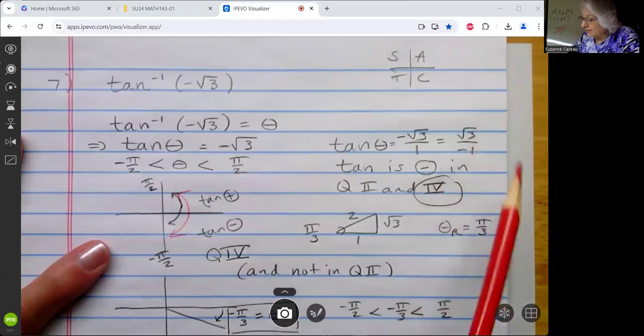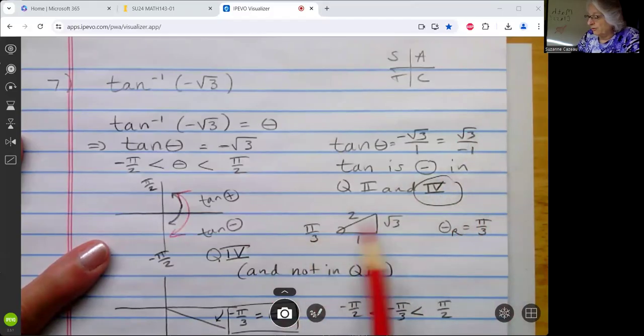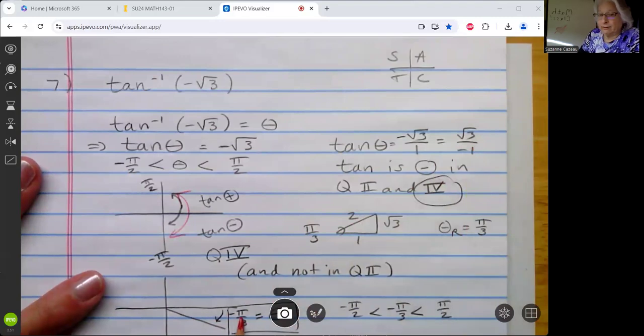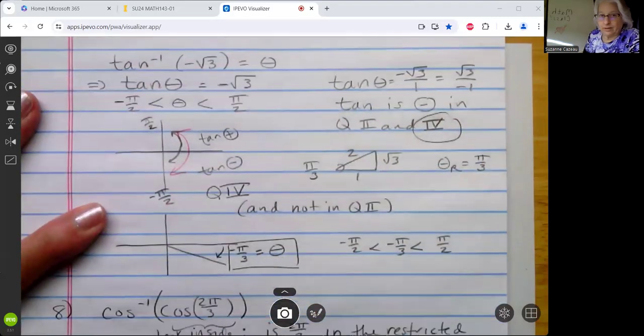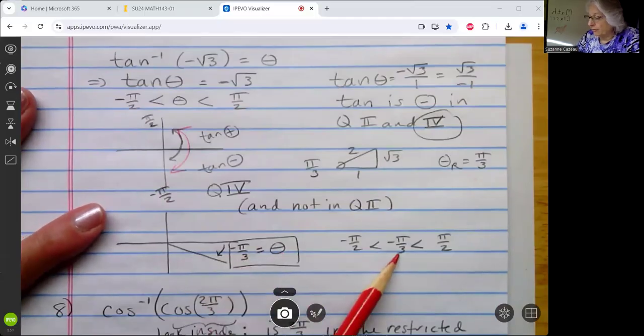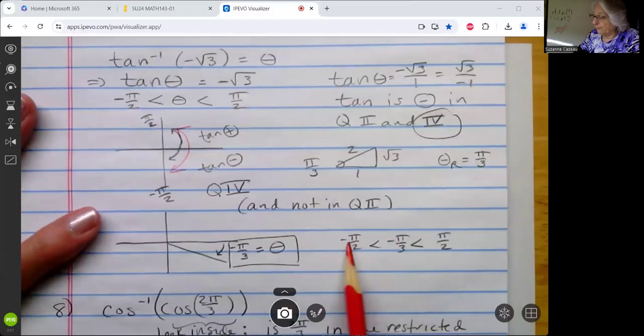So our reference angle here, I know that triangle, root 3 over 1, that is your pi over 3 triangle. So your reference angle is going to be pi over 3. So we've got negative pi over 3, because our reference angle is pi over 3, and negative pi over 3 is in here. So theta is negative pi over 3.